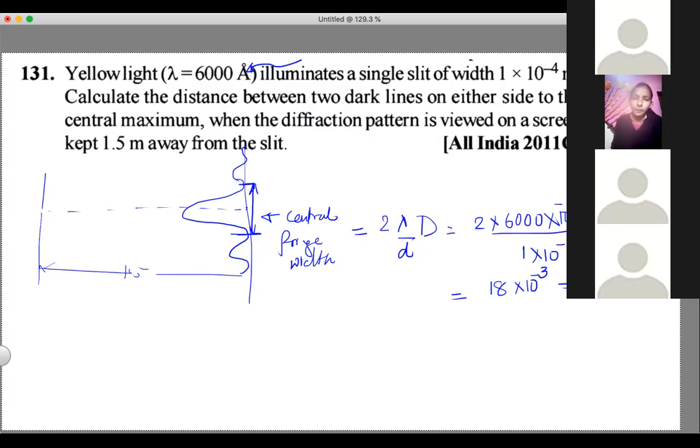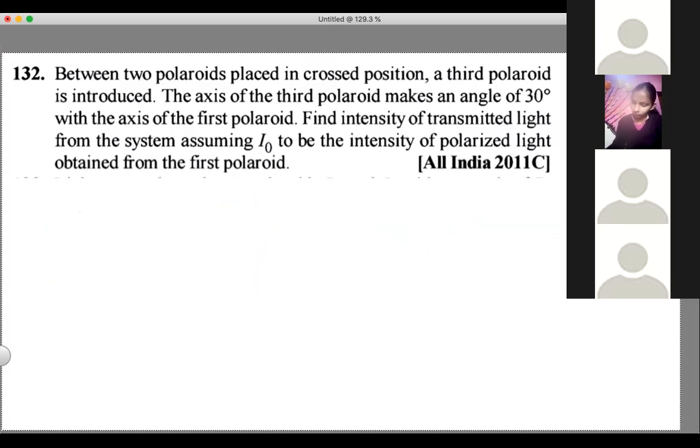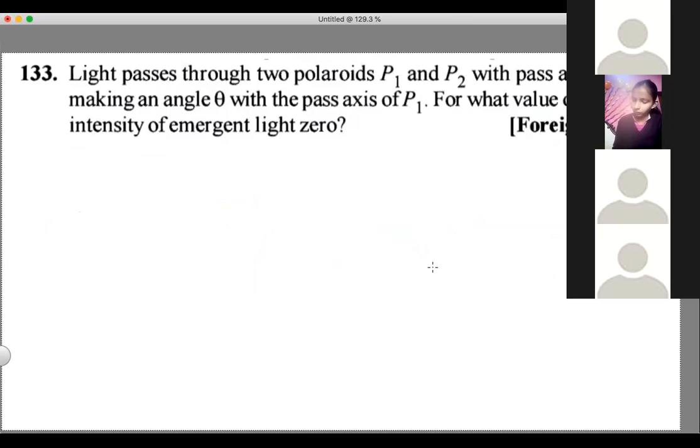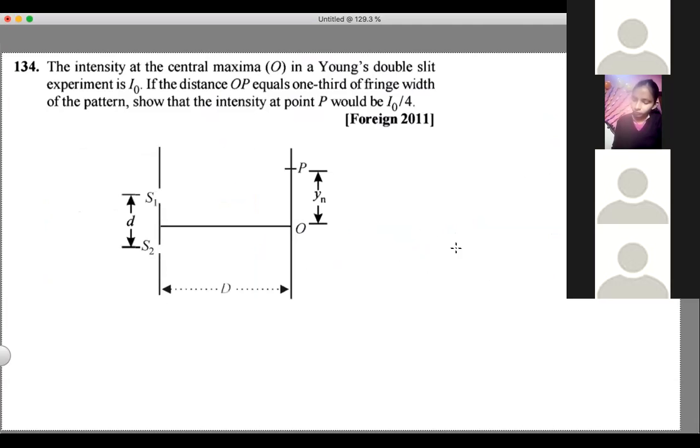So this is a straightforward question. This we don't have to do, so I can skip this one. Okay, let's do this one.